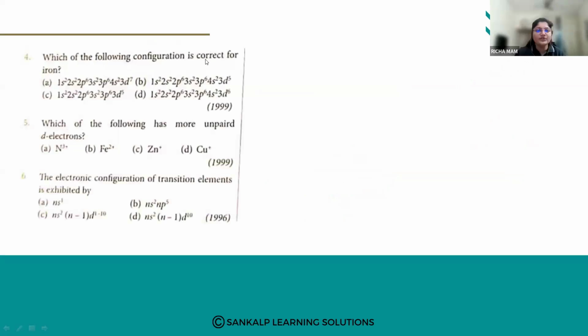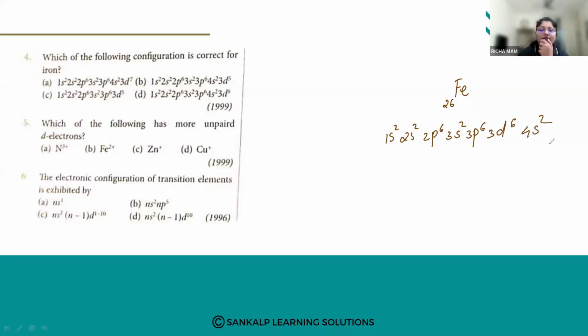Which of the following configurations is correct for iron? What is the correct configuration for iron? Iron is 26. So start filling the electronic configuration: 1s2, 2s2, 2p6, 3s2, then 3p6, then 3d, and so on up to 26 electrons.